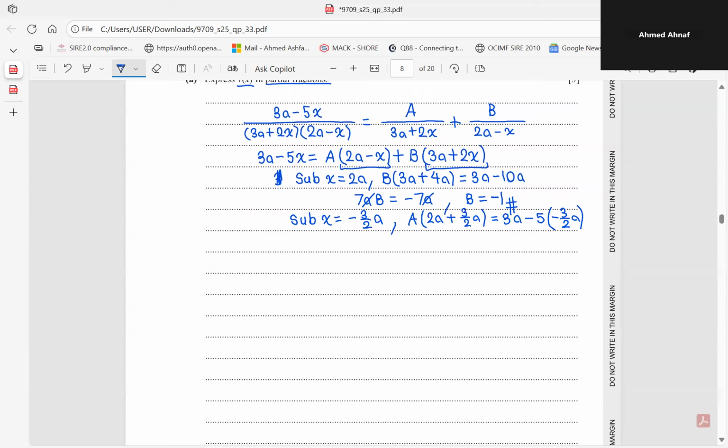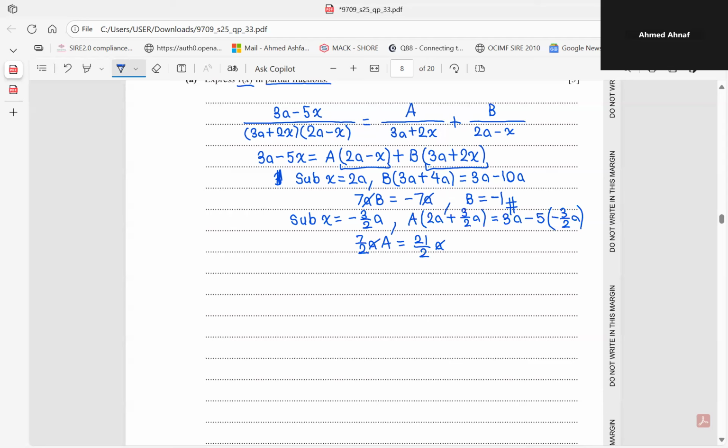Okay, and then 2a plus 3 over 2a, that's 7 over 2a, times big A, equals 3a plus 15 over 2a. So this is 21 over 2a.